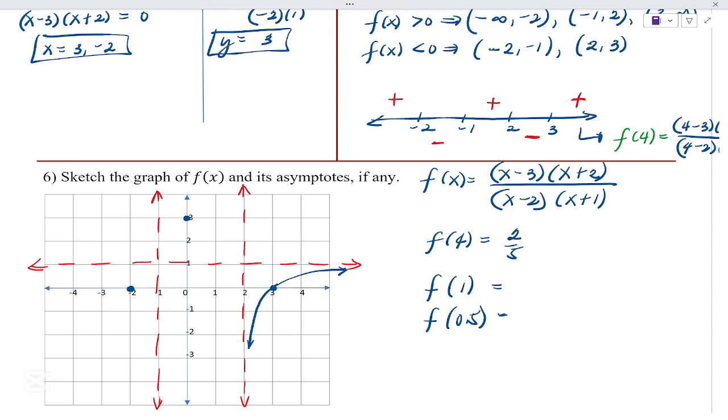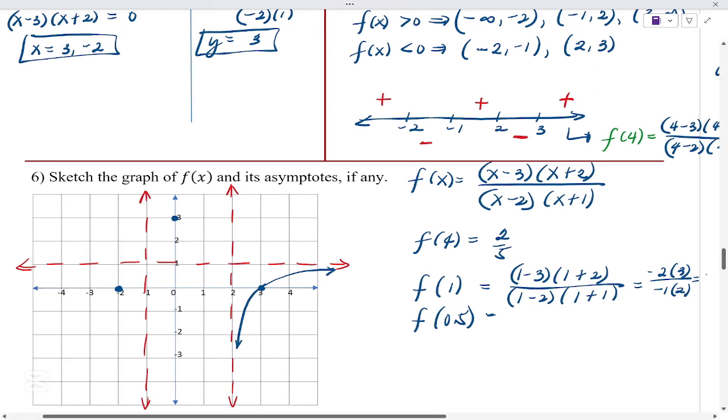F of 1 is (1 minus 3)(1 plus 2) divided by (1 minus 2)(1 plus 1). So this will give us negative 2 times a positive 3, and this one is minus 1 times 2. So it's also equal to 3. F of 1 is 3.